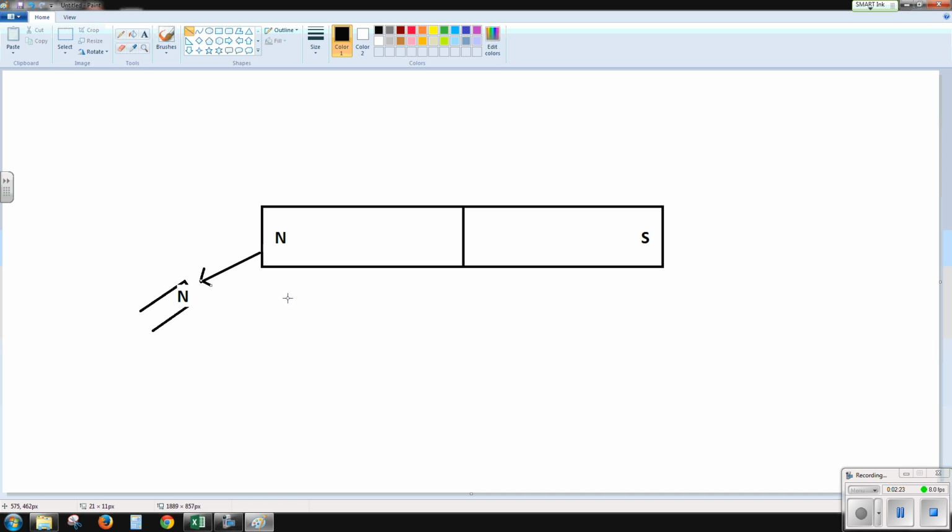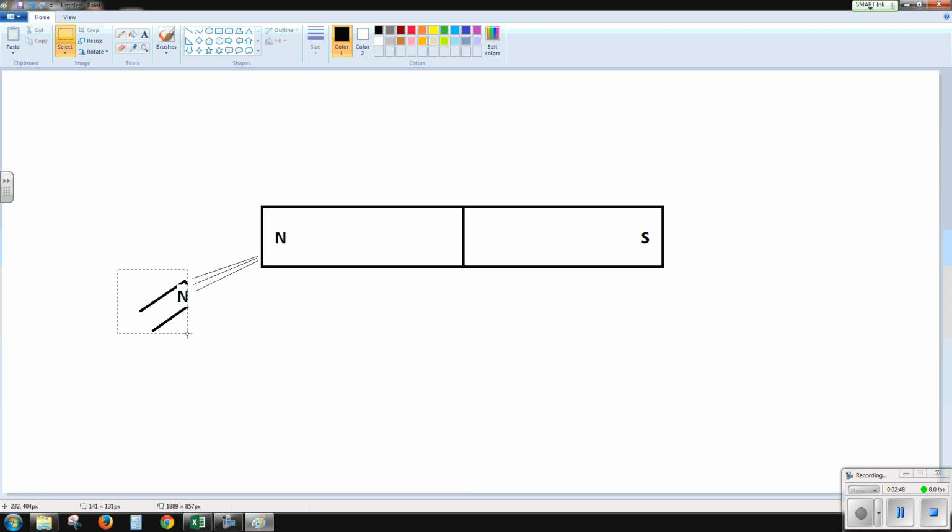But with field lines, we don't make the arrows bigger to show that they're stronger. We don't really make them longer to show that they're stronger. Instead, we draw a large number of them, and the closer together they are, meaning the more that there are in that square section, the stronger it is.